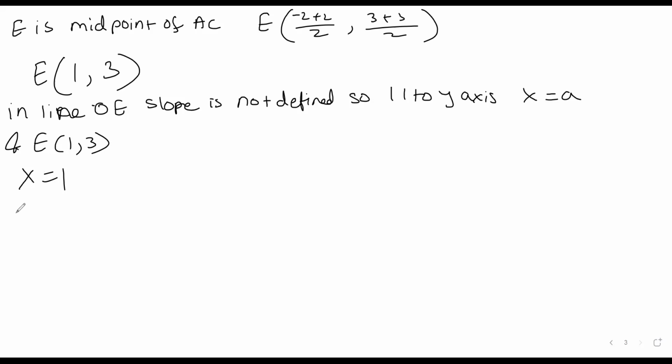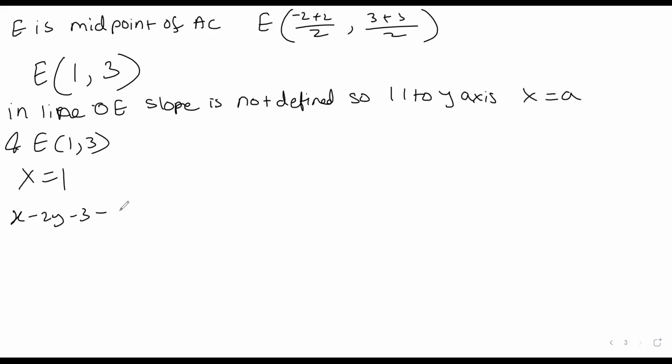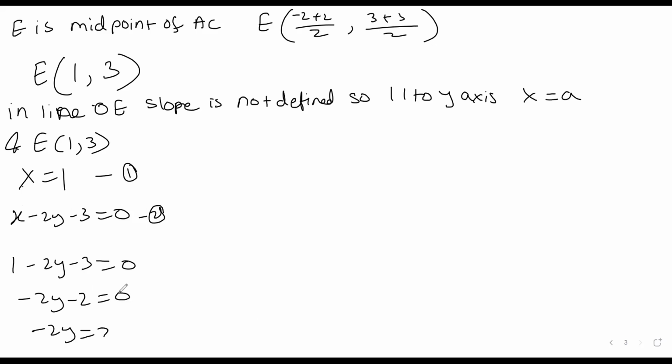Now equation of OD is x minus 2y minus 3 is equals to 0. Now if I want to solve this and this equation simultaneously, I will put x is equals to 1 here. So 1 minus 2y minus 3 is equals to 0. Minus 2y minus 2 is equals to 0. Minus 2y is 2. y is minus 1.